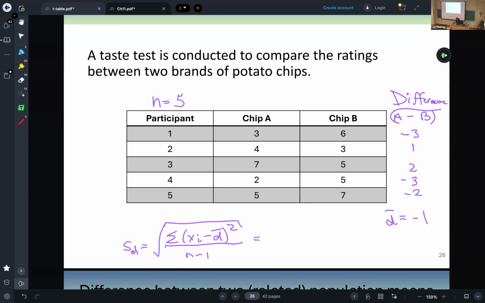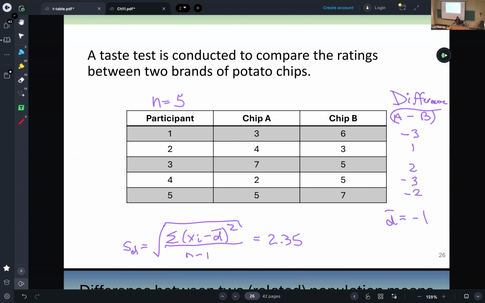And I'm going to save us some time and calculate it for us. It ends up being 2.35. You remember this? This little formula, it's the sample standard deviation, little s. I'm putting a little d there because it's on the difference. And I get 2.35.